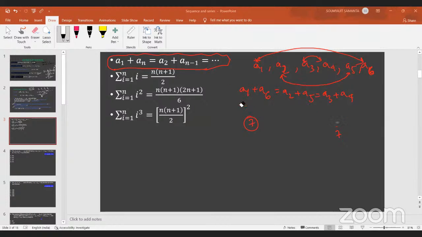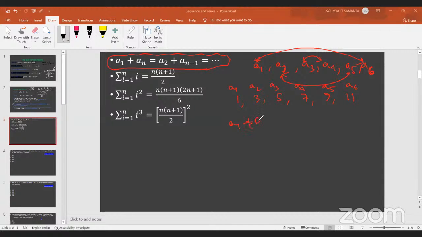Like, if you are taking one example: 1, 3, 5, 7, 9, 11. What is A1? A1 is 1. A1, A2, A3, A4, A5, A6.